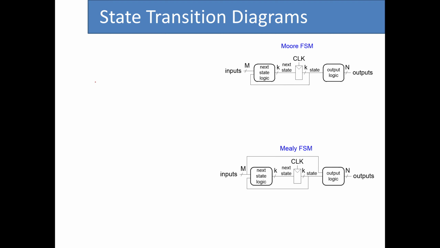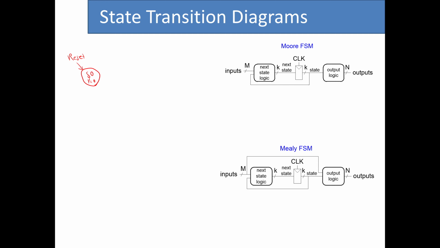For the Moore FSM, we started from state 0, we called it S0, and we presented the outputs inside the circles. So at S0, which happens whenever we reset the system, the output is going to be 0 because we didn't detect any part of the pattern that we want.